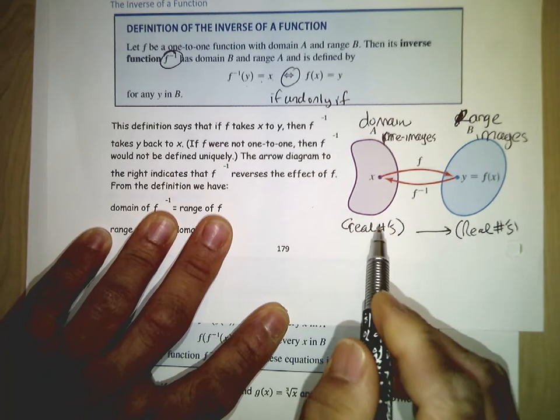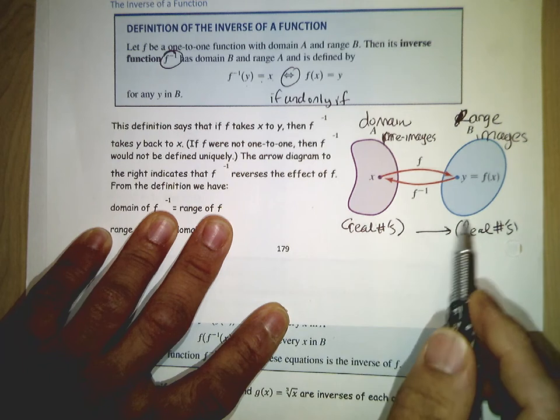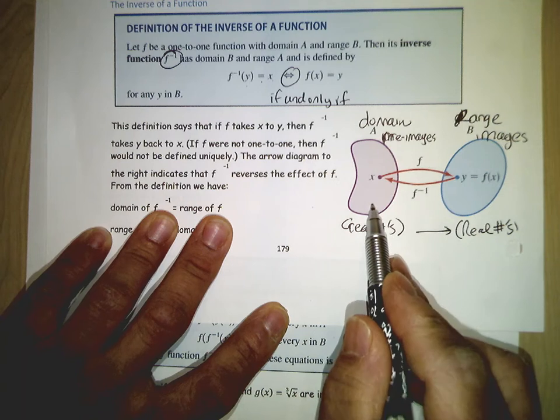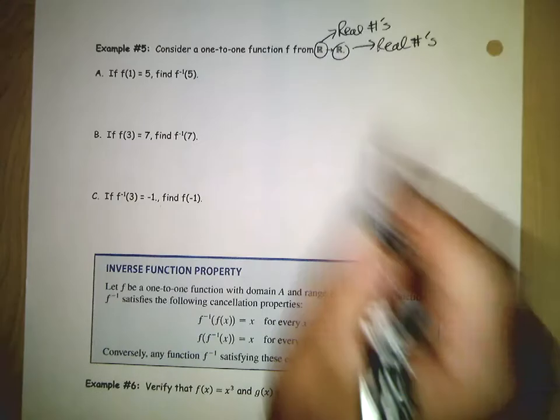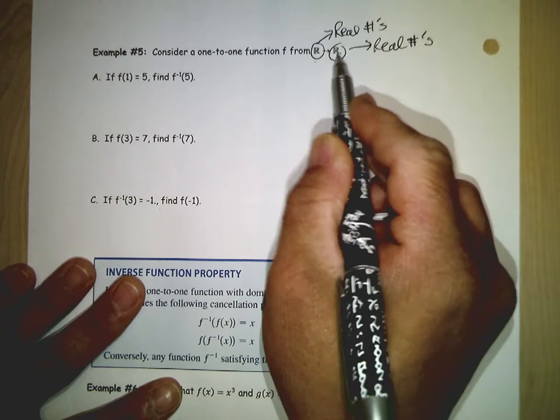So it means that you can't get, say, a real number here and then have an imaginary number over here. That's all that means. It's just saying that if you have a real number over here, you want a real number over here.